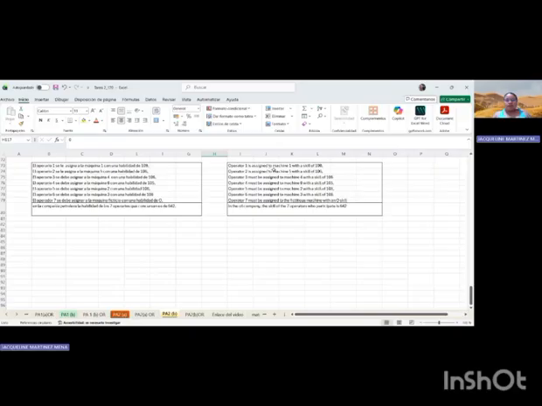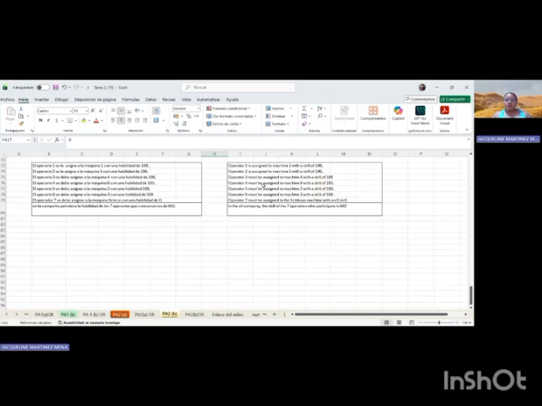Operator 1 is assigned to machine 1 with a skill of 109. Operator 2 is assigned to machine 5 with a skill of 106. Operator 3 must be assigned to machine 4 with a skill of 106.